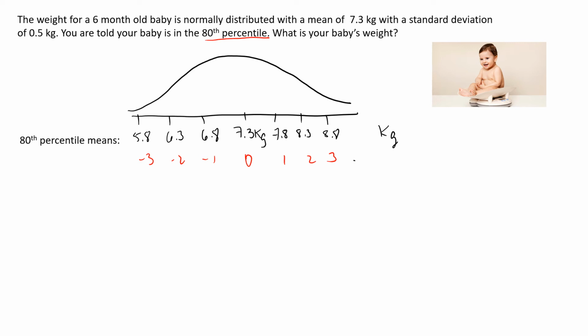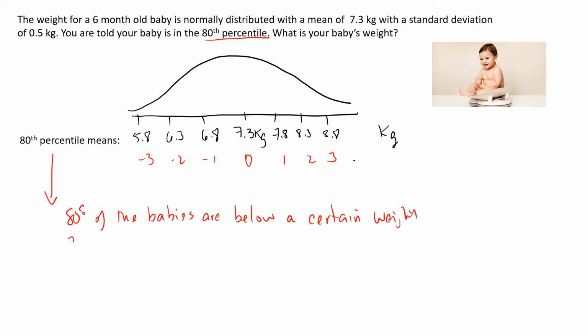You are told your baby is in the 80th percentile. So what does that mean? The 80th percentile means that 80% of the babies are below a certain weight and 20% of the babies are above the weight of your baby.